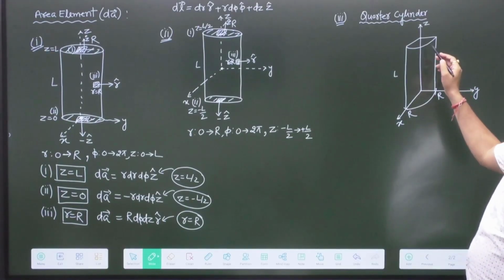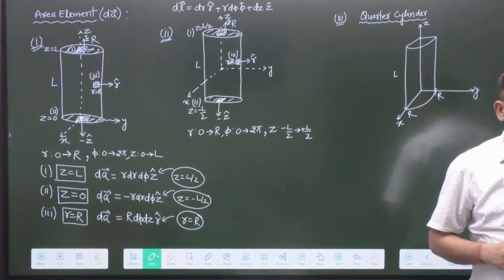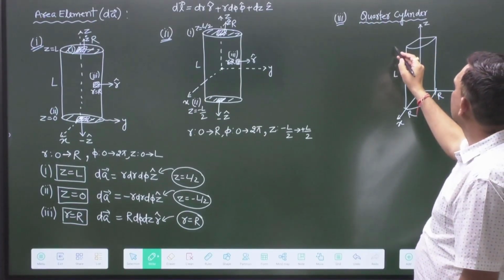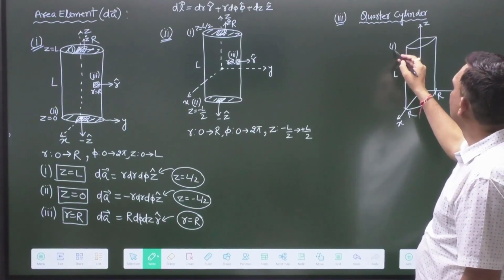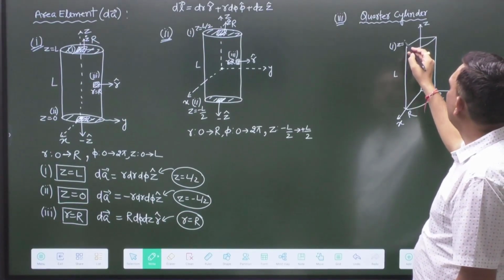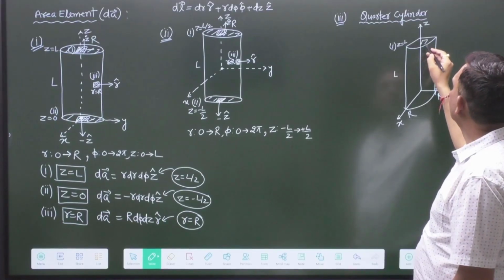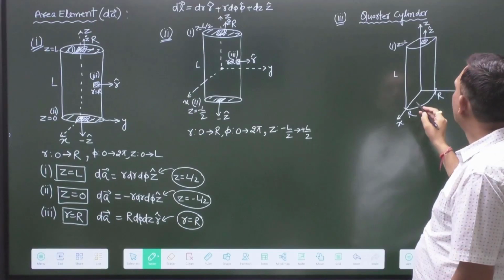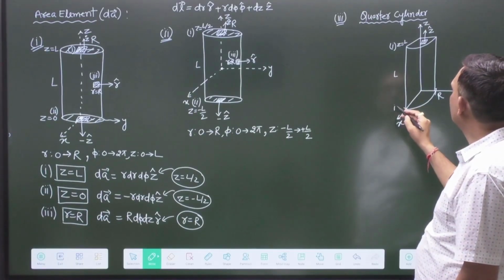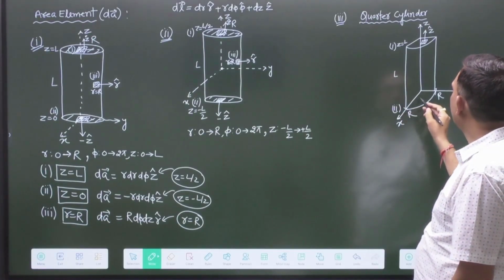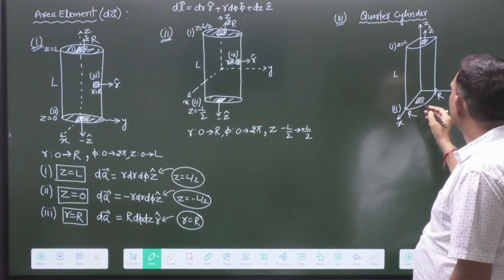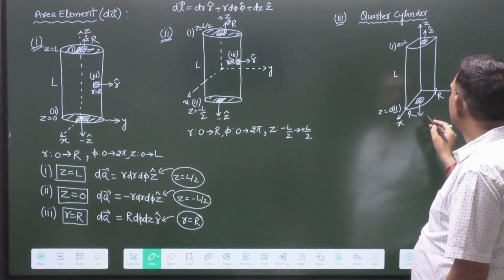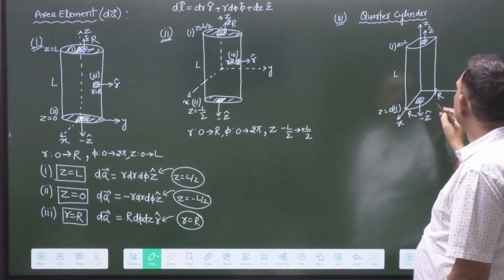Now this volume is surrounded by how many surfaces? 5 surfaces. Surface 1 is z is equal to L surface, and the area element over this is z cap. Then surface 2 is z is equal to 0, so direction is minus z cap.